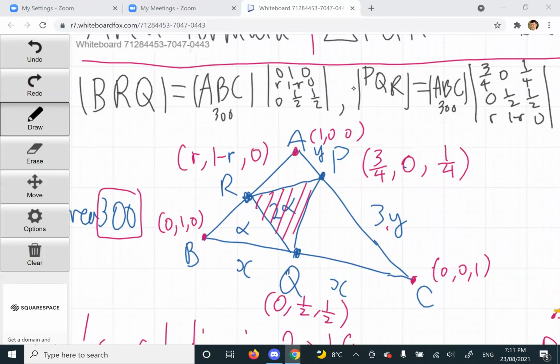Okay, so can you see this problem has been converted into a problem of pure technique. Okay.